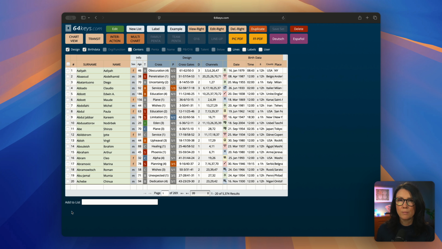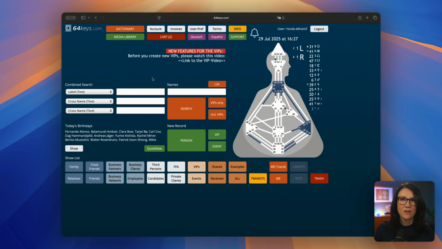So what's so cool about these celebrities in 64 keys is that you can call them up, look them up by their profession or also by their design features. So for example, I'm a 5/1 profile and I'm interested in which actresses, Hollywood actresses, also have a 5/1 profile. So I'm using the combined search of 64 keys to look them up.